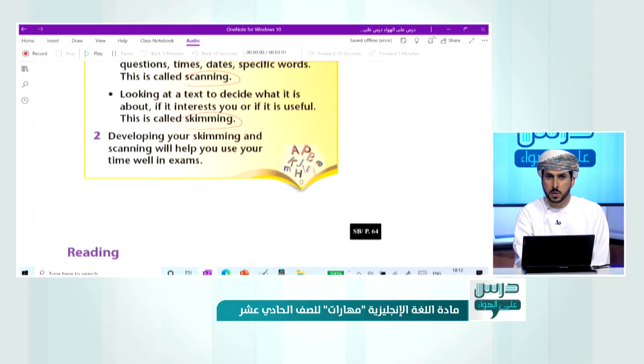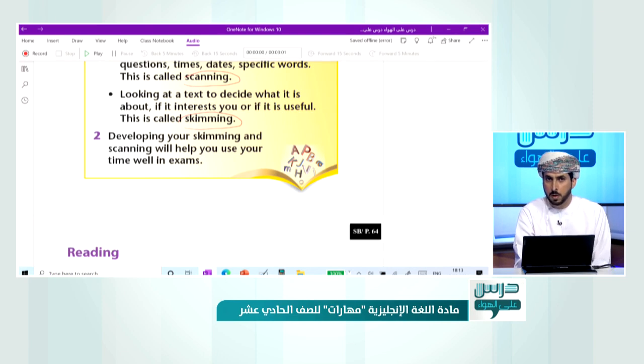The second one is that developing your skimming and scanning will help you use your time well in exams, because in exams you will also have reading questions. If you train yourself now and you read more and more and use these strategies, sometimes scanning, sometimes skimming, you improve your reading speed, not only reading quickly, but reading quickly and understanding very well at the same time.